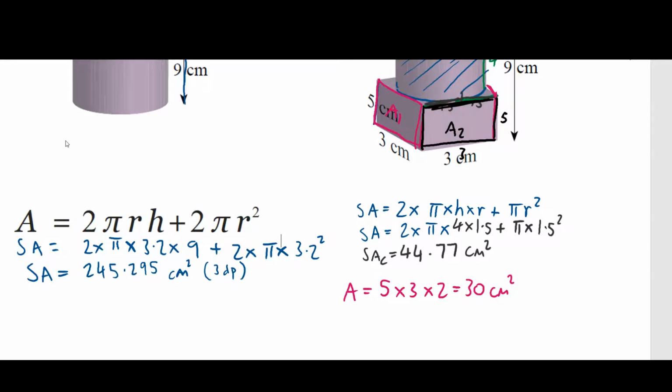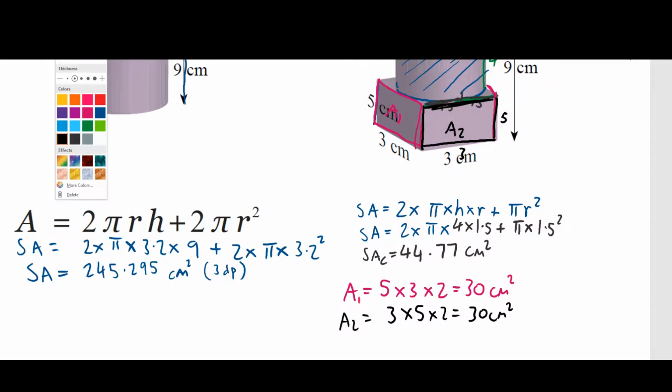Okay, so the previous bit was area 1. Now we're doing area 2. Area 2 is also going to be 3 times 5. That's 3 times 5 times 2, which is 30 square centimeters, because there's one at the front and one at the back. Now the final bit, this is where it becomes tricky.